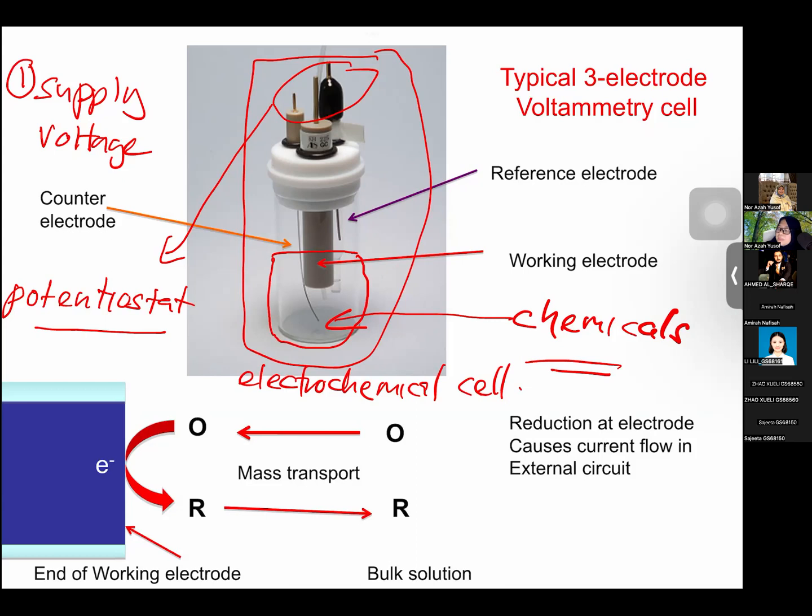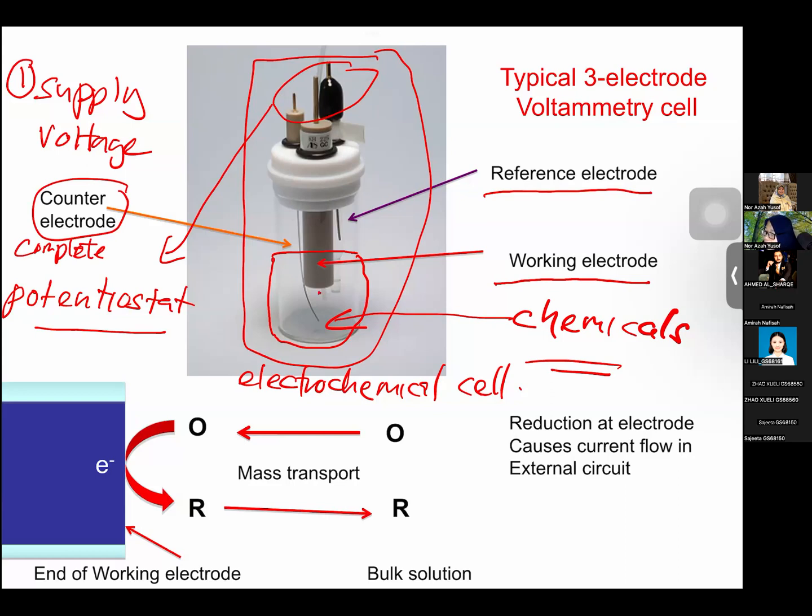We have reference electrode. Working electrode is where the chemical reaction happen. The counter electrode is to complete the circuit, between working, where is working?